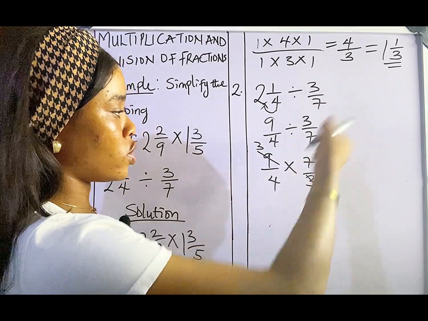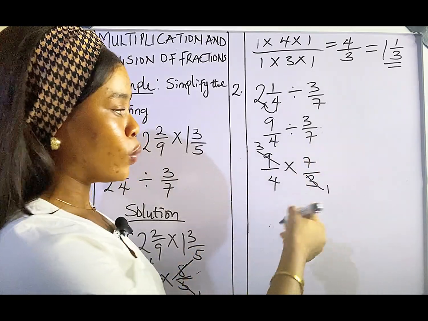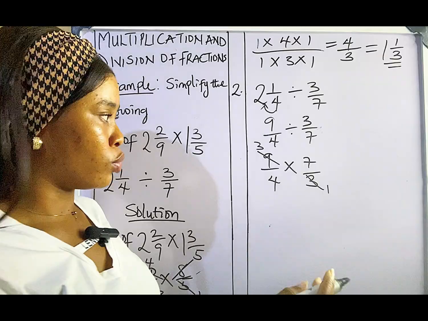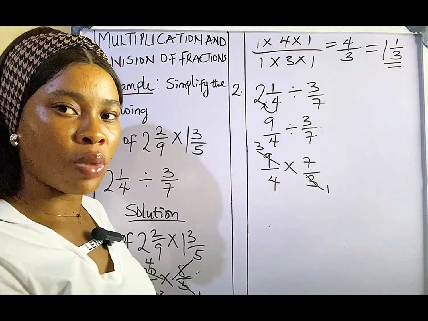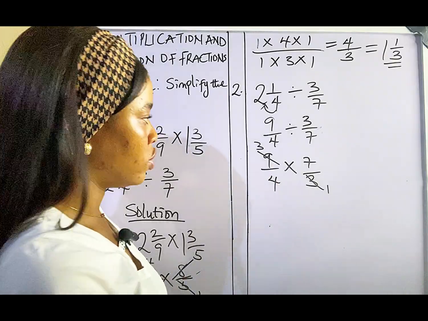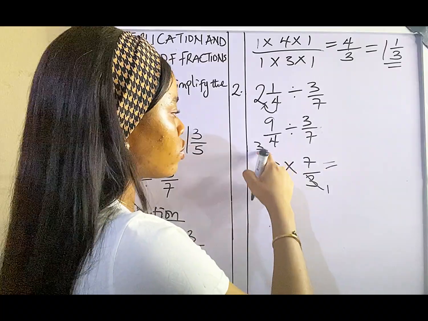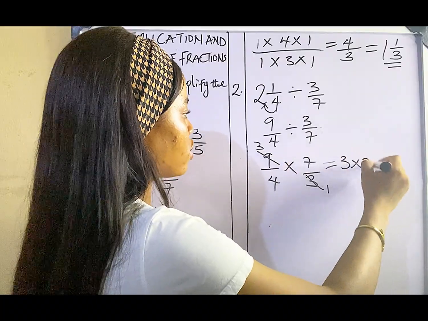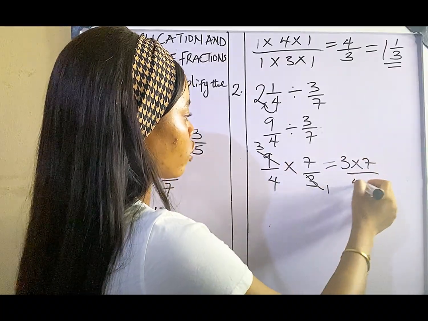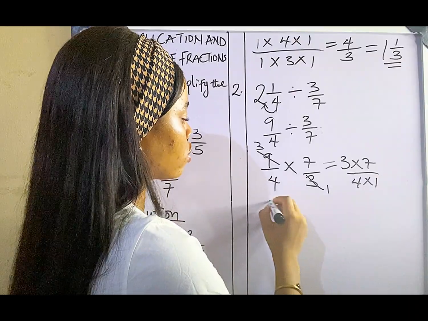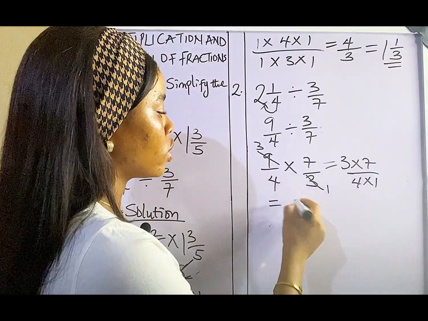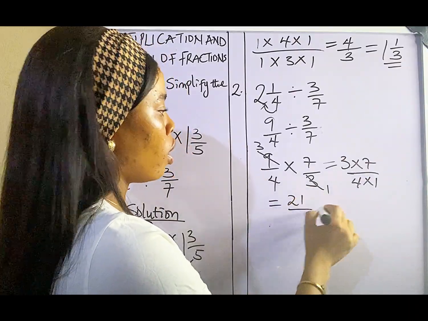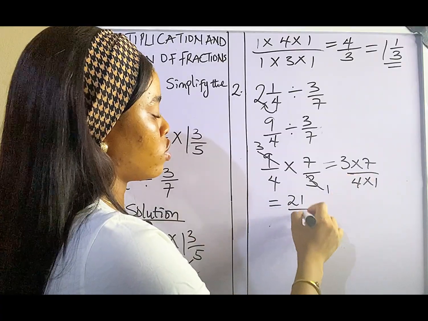Nothing can go this way, so we go ahead and multiply through. Numerator multiply numerator, denominator multiply denominator. So that gives us 3 times 7 all over 4 times 1. So 3 times 7 is 21 over 4 times 1, that gives us 4.